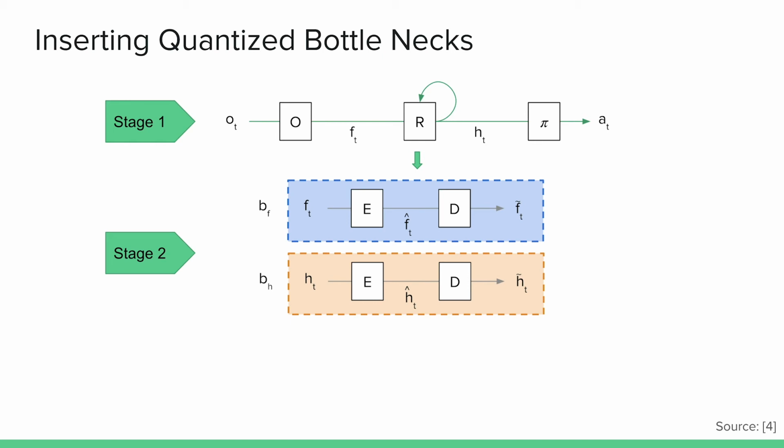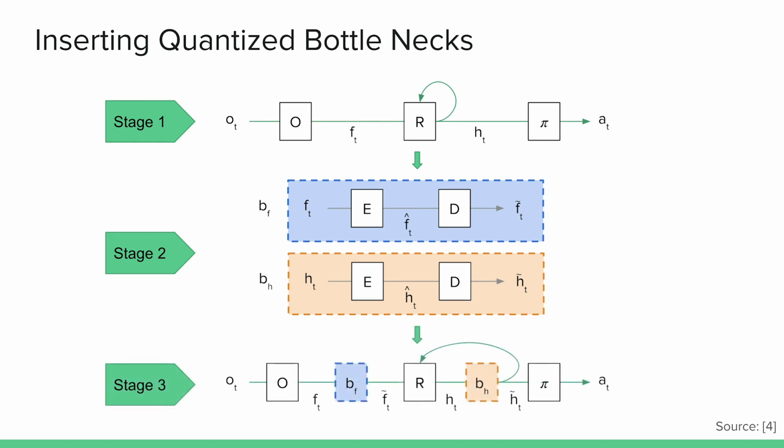So we use these 2 autoencoders instead of ft and ht of those functions, and then we just insert them here. And we then take those ft hat and ht hat, those simple representations, those bottlenecks from the autoencoder, and interpret them and try to work with them.